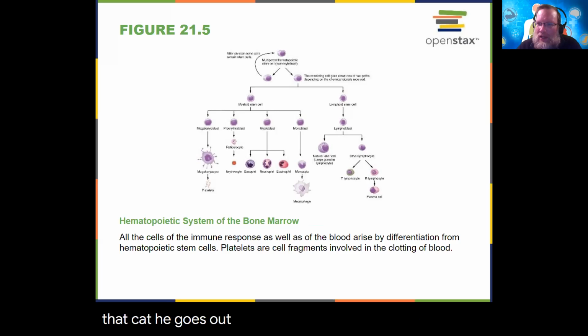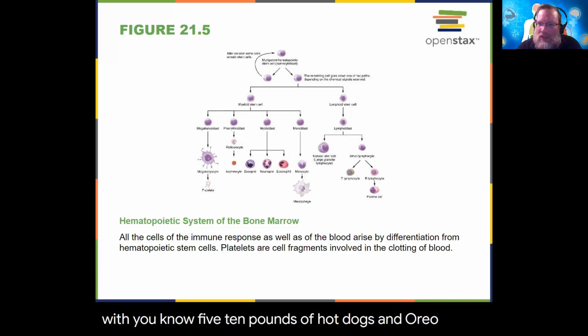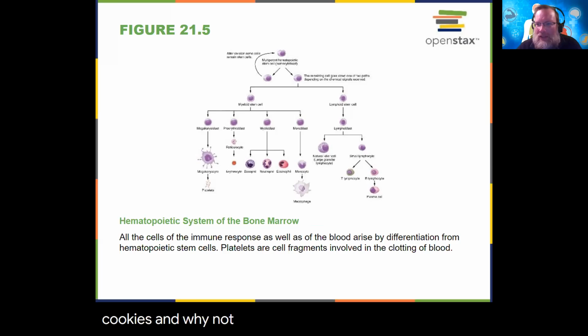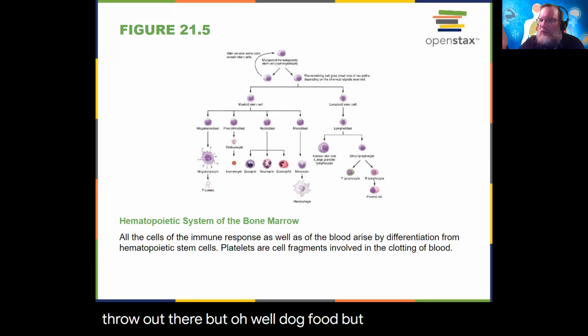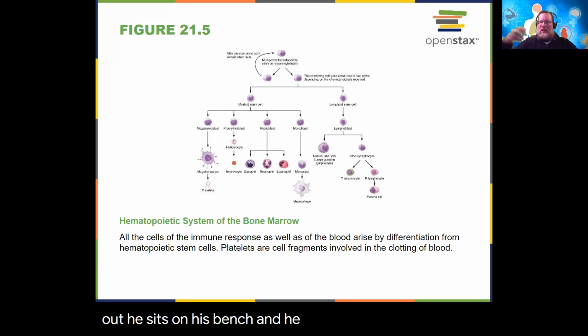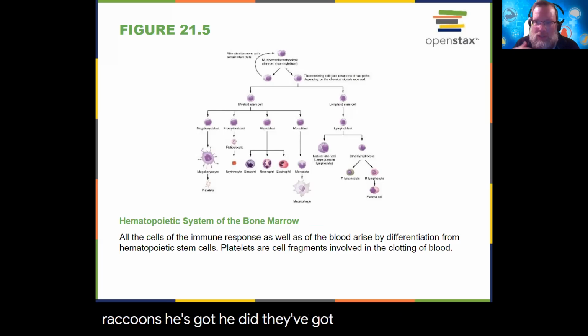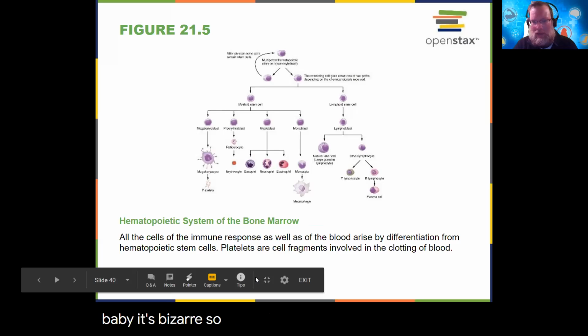He goes out on his back deck almost every night with 5-10 pounds of hot dogs and Oreo cookies and, well, I don't know what else I've seen him throw out there, oh yeah, dog food. But anyway, he sits on his bench, and he'll get 15, 20, 25 raccoons. They've got names. He has Baby. It's bizarre.